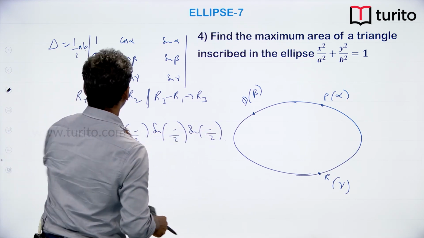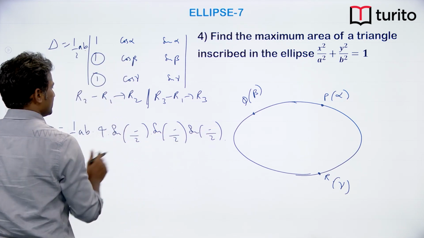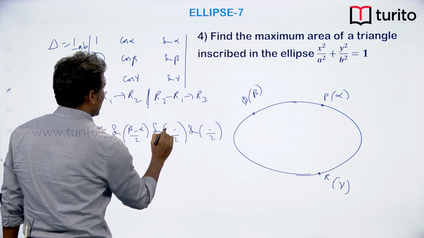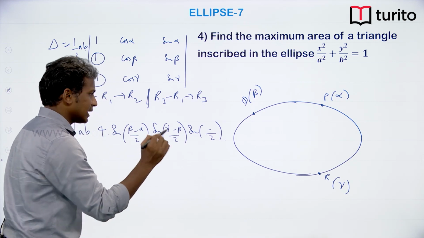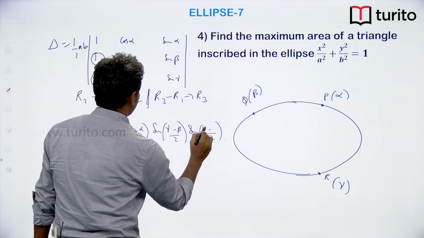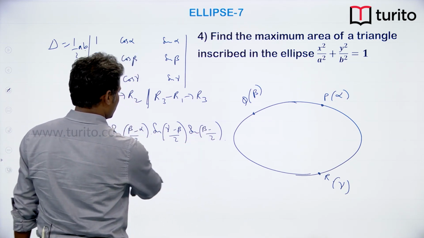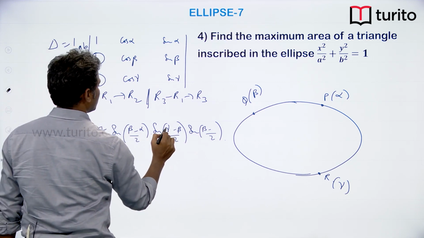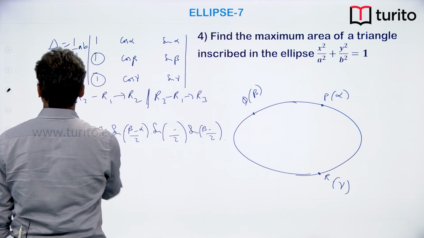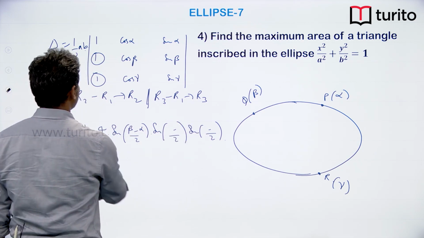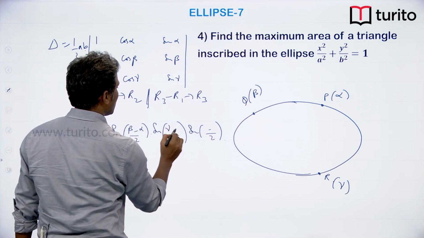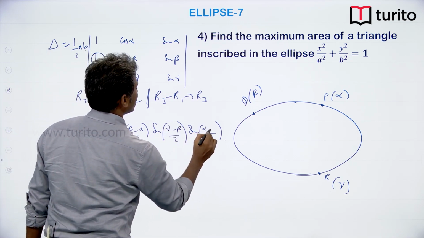Okay. So, we can also write them like this: (beta minus alpha)/2 first angle, and then (gamma minus beta)/2 second angle, and then (alpha minus gamma)/2.